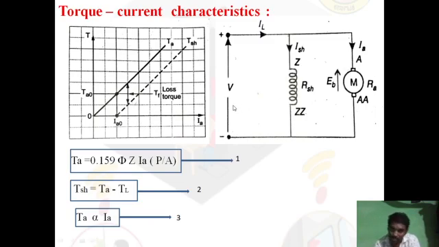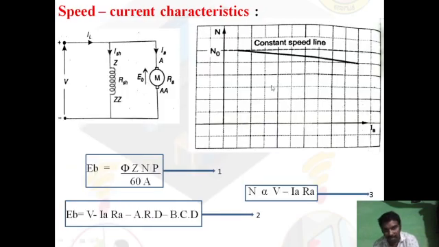Hence, it should not be started at very high load. By observing the speed current characteristics, we can tell that the change in speed is very less, the speed regulation is good, therefore it is called a constant speed motor.